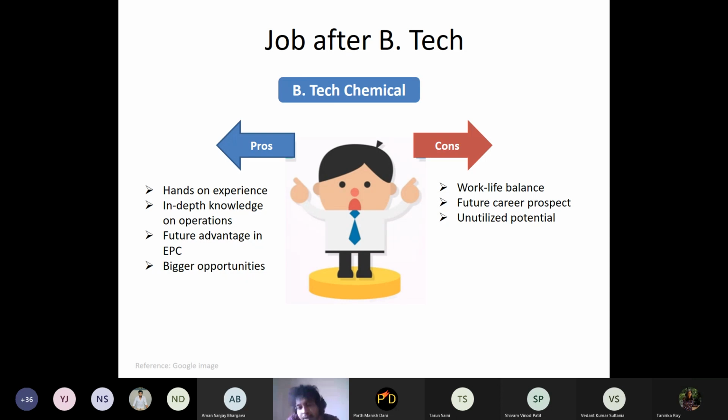So that opportunity is lost. And once you start working there, if you enjoy that, it's a different thing. But if you don't enjoy it, that makes life harder. So think about it, and the choices you have. These are the pros and cons, grossly or holistically, that you can face.